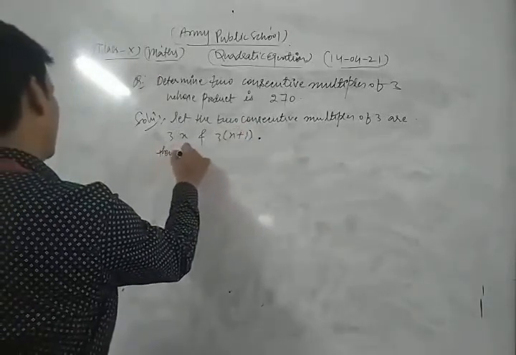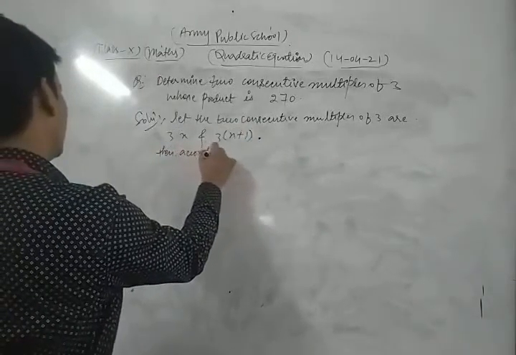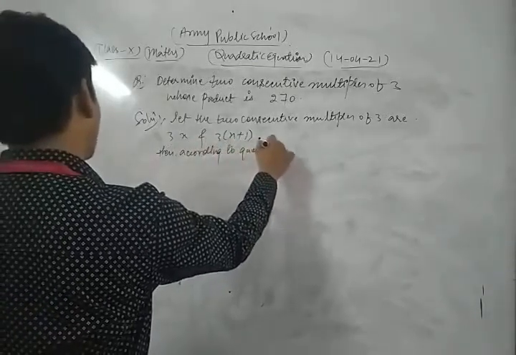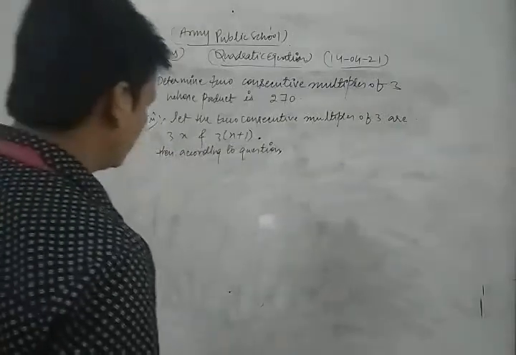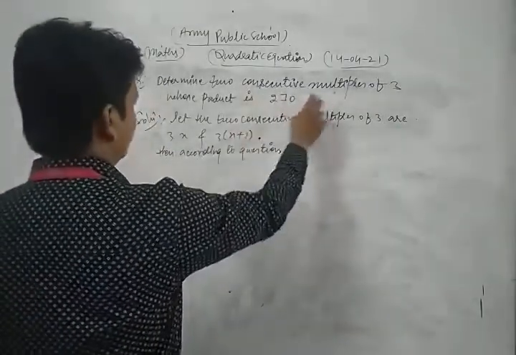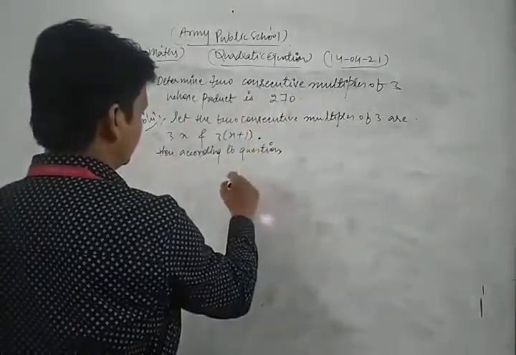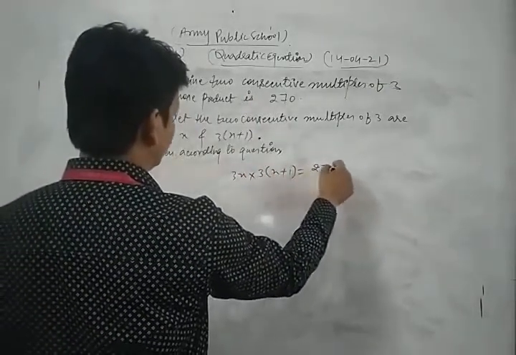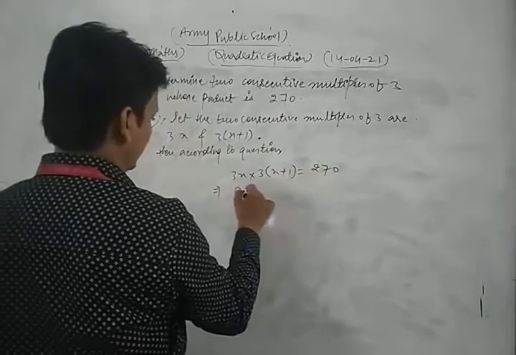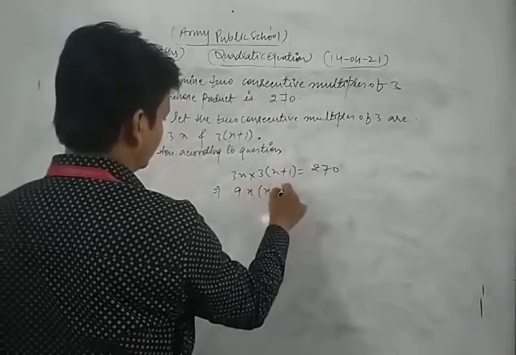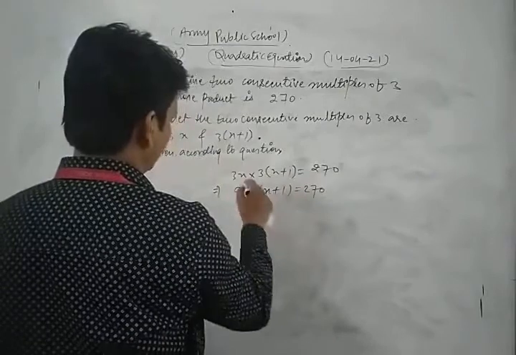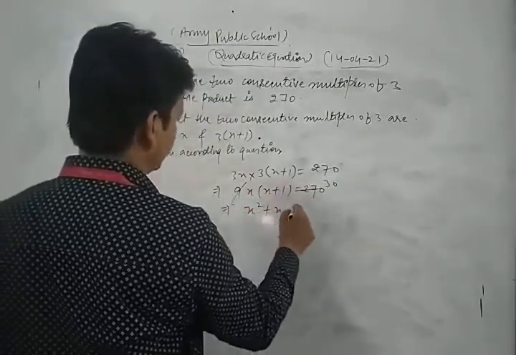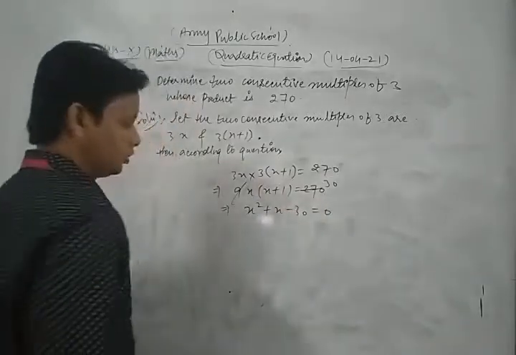Then according to the question, whose product is 270, means 3x into 3 into (x plus 1) is equal to 270. 3 threes are 9, into x plus 1, is equal to 270. So we divide by 9, then x square plus x minus 30 is equal to 0. So 6 fives are 30.